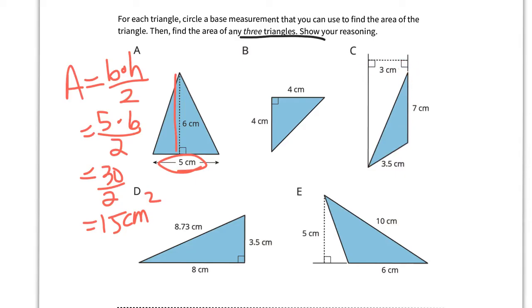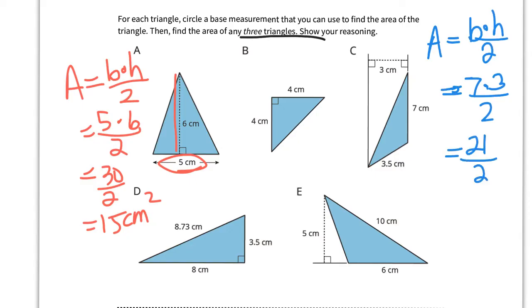So let's start chugging away. So area is base times height divided by 2. So that's going to be 7 times 3 divided by 2, which is going to be 21 divided by 2, which is 11.5. And that's centimeters squared. So I'm just going to put units squared because I'm running out of room.